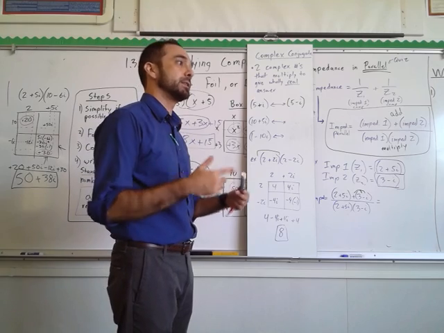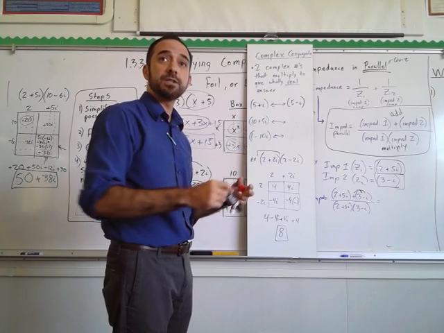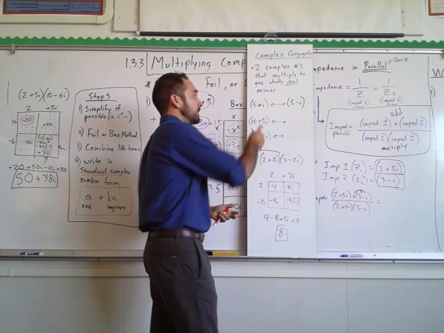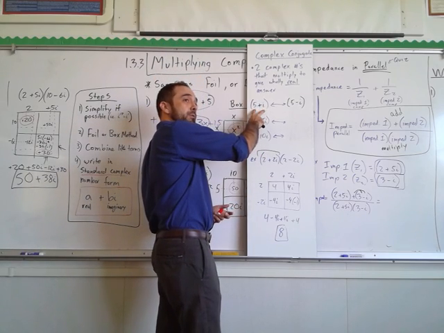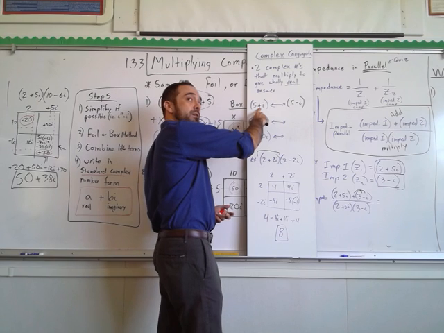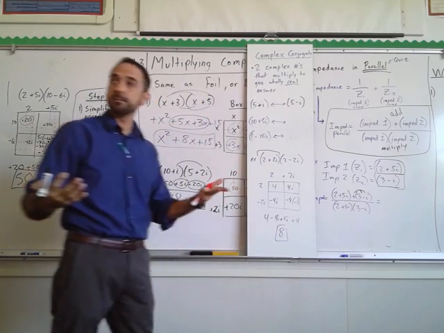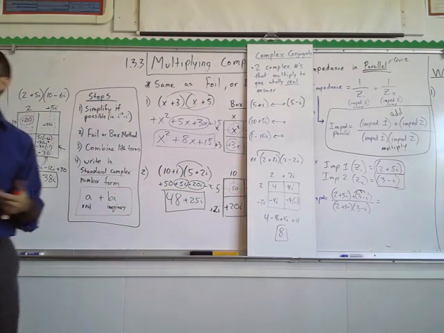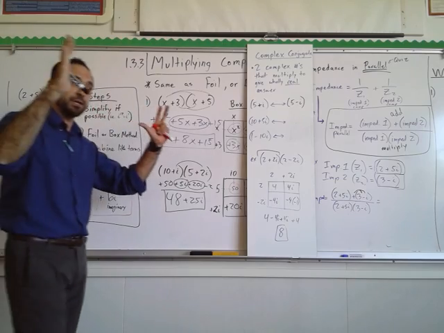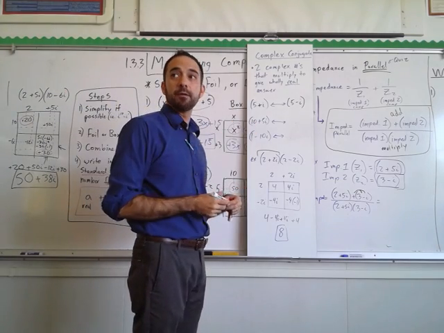Good. It's that easy. All that changes with the complex conjugate, you look at the operation going on between the two terms. Here the operation is addition. So over here the operation for the complex conjugate is going to be subtraction. Whatever's going on between the real and the imaginary switches to the inverse of it.